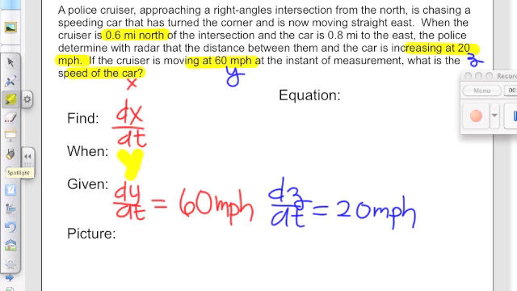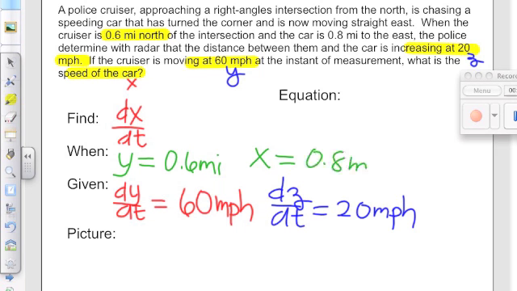So my cruiser is going to be 0.6 miles north, and I want my car, which is x, to be at 0.8 miles east. All this information is needed to solve this problem.